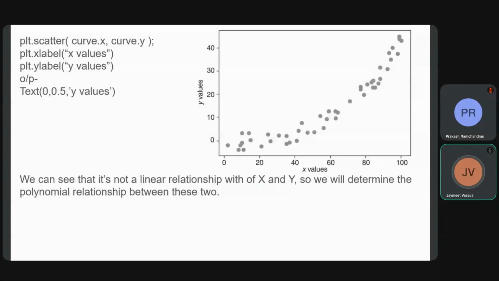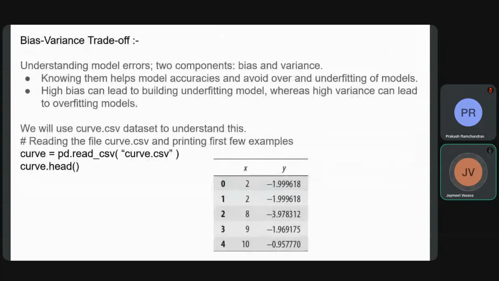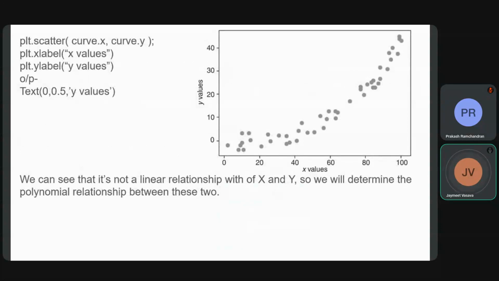You can see that when we plot this scatter plot from the curve.csv dataset, we are not having a linear relationship for x and y, as there is a certain kind of curve going on when we plot these values.